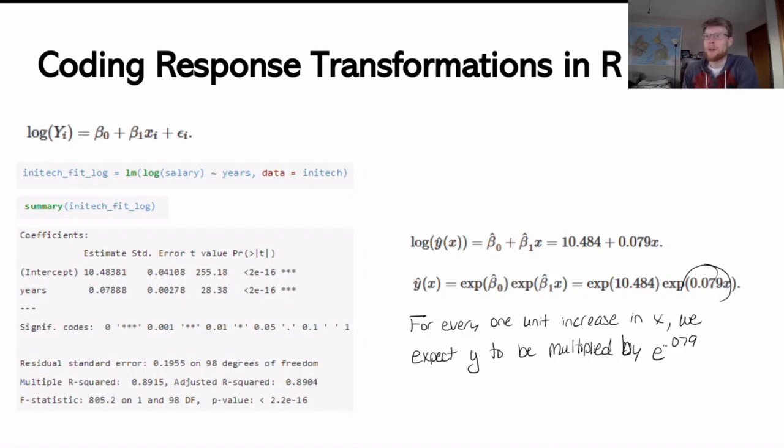Our fitted value for y. For every 1 unit increase in x, we expect y to be multiplied by e to the 0.079 in reference to the previous fitted value for the previous x value.